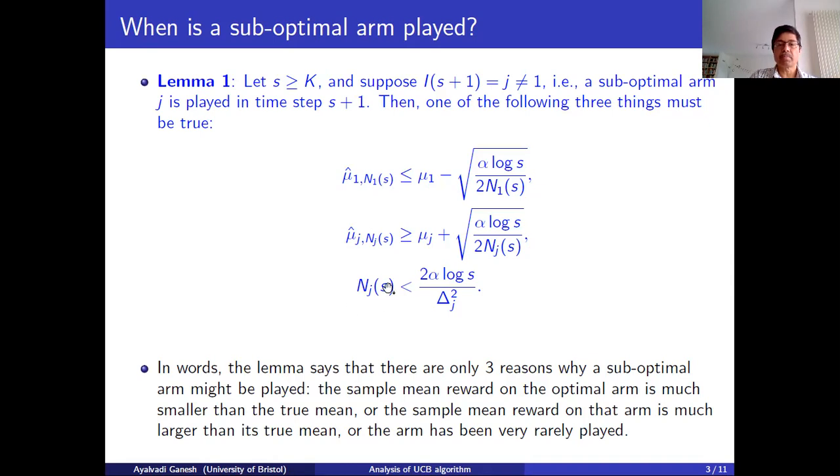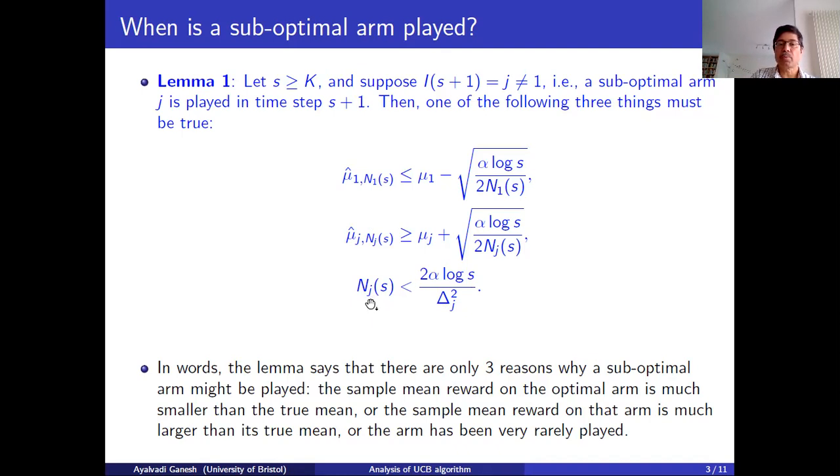And the third reason comes from the optimistic correction term. Maybe arm j was played very few times until time s. So the number of times N_j(s) that arm j was played is smaller than this amount. So it was played too few times, so you are adding an optimistic correction, which, if you recall, grows like square root of 1 over N_j.